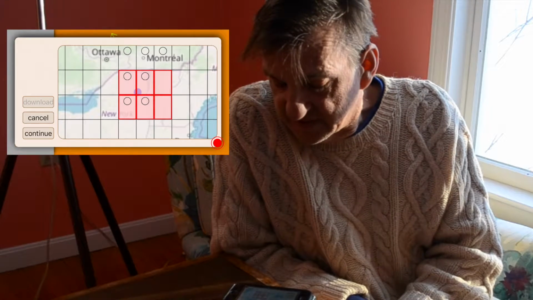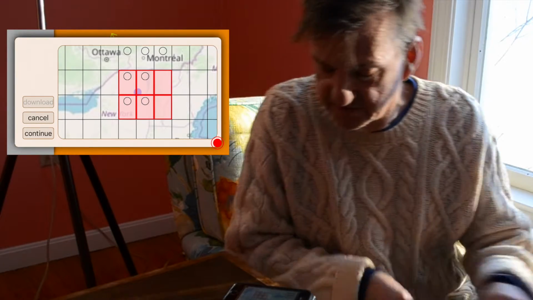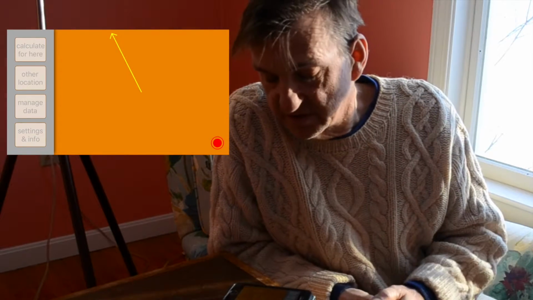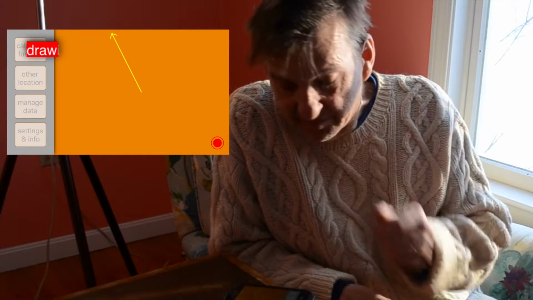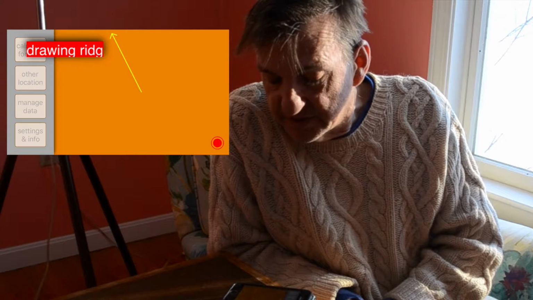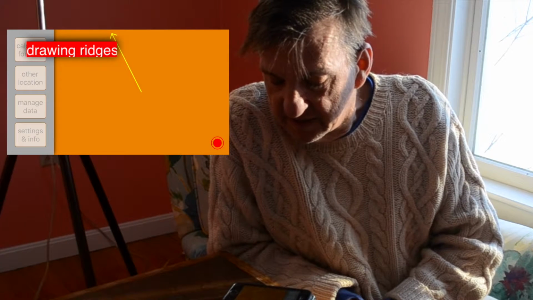Okay, it just finished the download. It shows me that it's still missing those spots in Canada. I don't care, so I'm just going to say continue. And now it's going to start drawing my mountains. I'm getting my red bar that says drawing ridges.